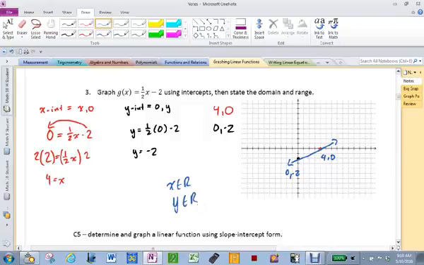You understand? Okay. Is everybody cool with intercepts? Yeah? 100%? It's pretty easy, right? X comma 0, 0 comma y, sub it into the equation. Right? Okay.